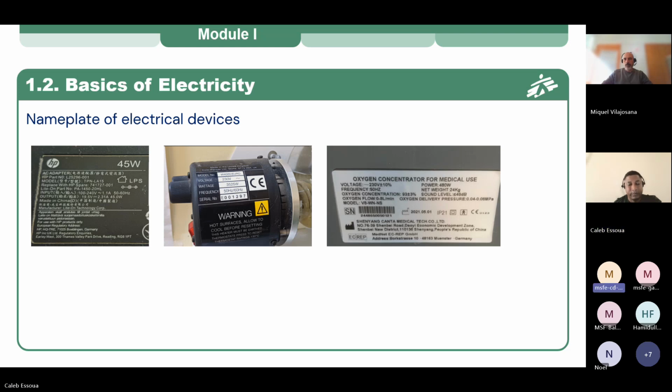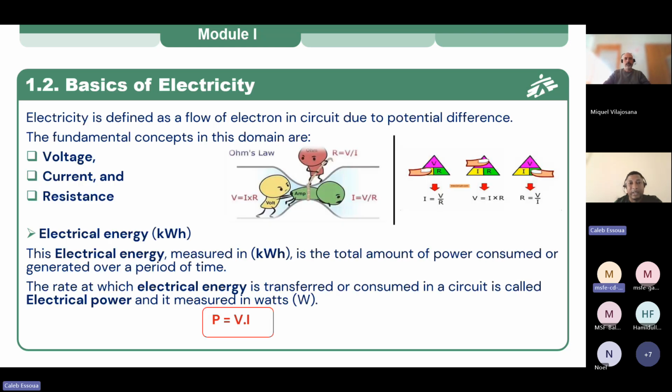In this case, for example, I will use 240 volts. You multiply by 1.1 amps, because of the formula. If I go back, this is the formula: the power is the potential difference times the amps.